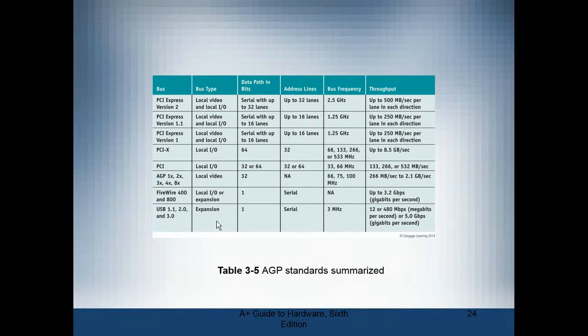PCI Express, the thing that we use now, local video, serial line up to 32 lanes, address line up to 32 lanes, the bus speed 2.5 gig, and you notice that it is by far the fastest of all of these. We go from 2.5 down to PCI Express version 1 at 1.25 gigs. So with version 2, we've doubled the frequency. That means that twice as often it can do something.